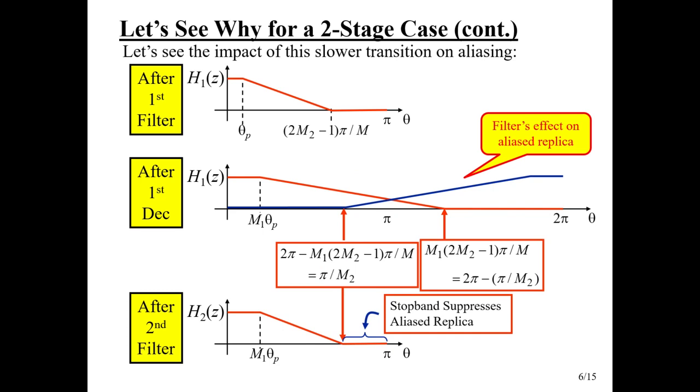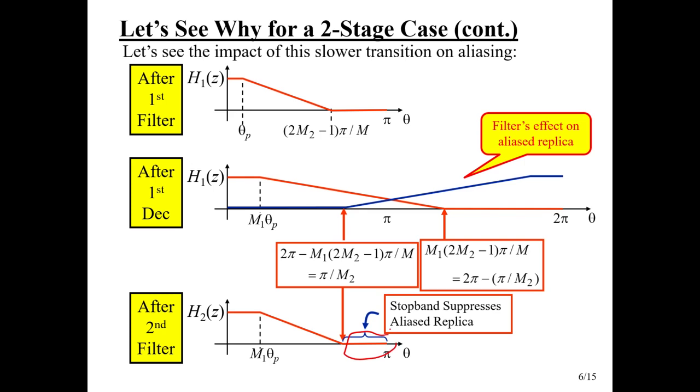So here's our second filter. We now know that we need to put the stop band of our second filter starting right there, which is just pi over M2. So we're not playing any trick with the second filter. Its stop band is right where you would expect it to be, because we need to make sure that it will stop any aliasing when we decimate.